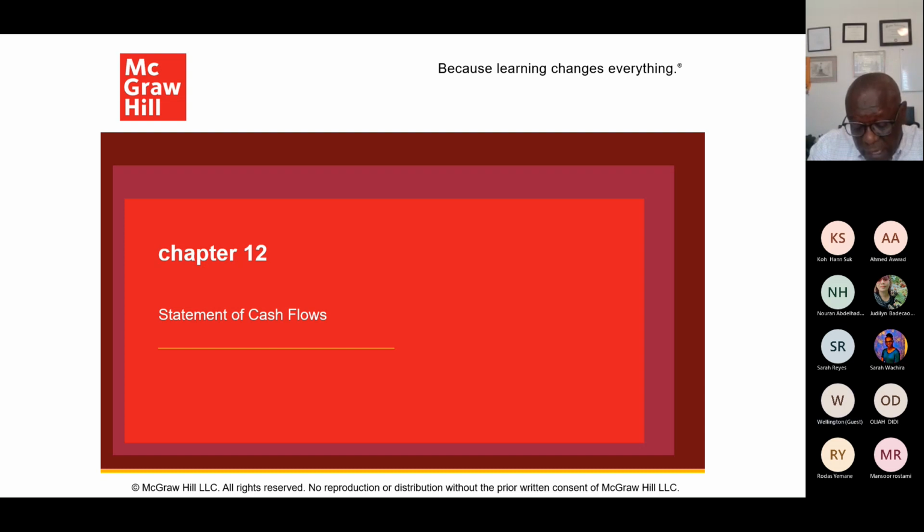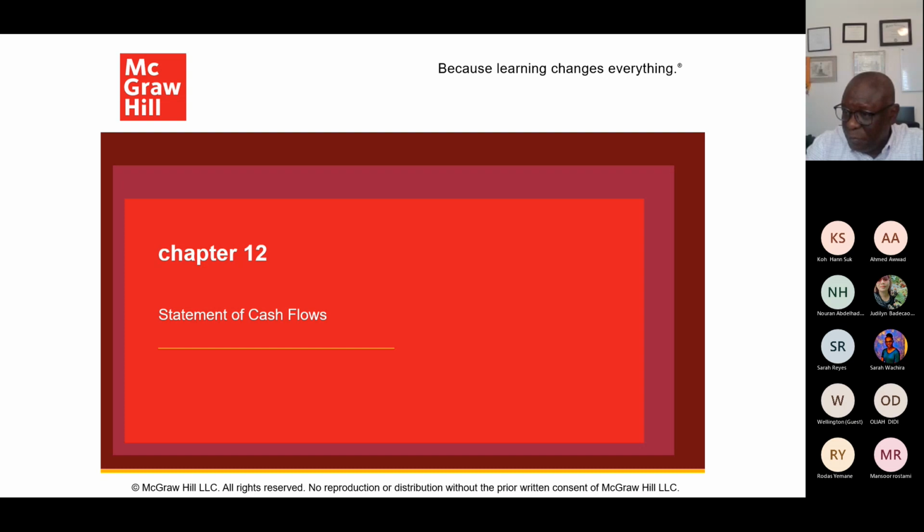Financing, what do we do? What do we consider to be able to prepare cash flow from financing activities? Somebody else. I know we have a lot of students, more than 15 students. Somebody else should help us.